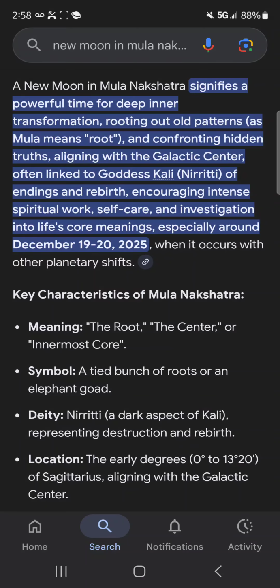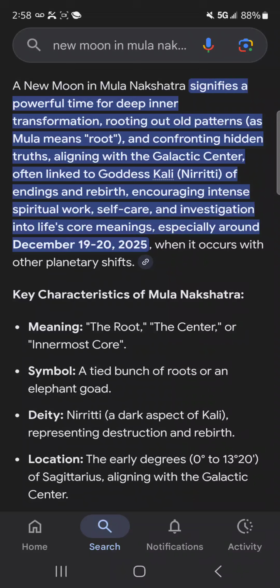So we know that 3I/ATLAS will be closest to the Earth on December 19th, which is an auspicious time. In relation to the Mula Nakshatra, the new moon will be in the Mula Nakshatra around December 19th through the 20th.